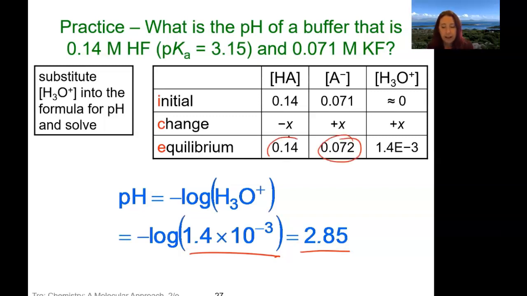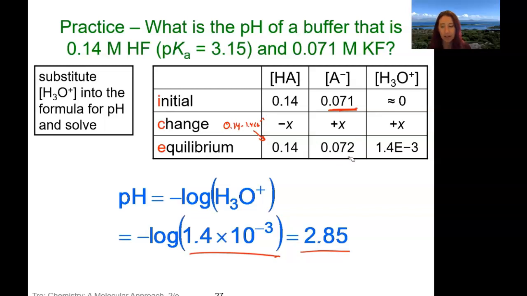So we can find these values and check if we want to. So here I just found these values. I just subtracted 0.14 minus 1.4 times 10 to the negative 3. You can see, look, it didn't even really change this. I mean, it changed this one by the tiniest bit. So again, what we did when we found that assumption and we said that x is small, we're saying that this change is going to be less than 5%. This one changed so little, the number didn't change. This one barely changed.